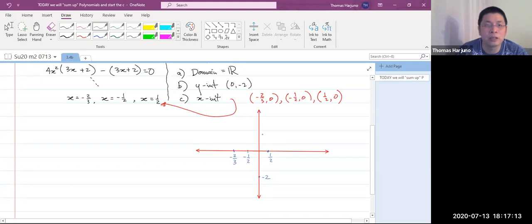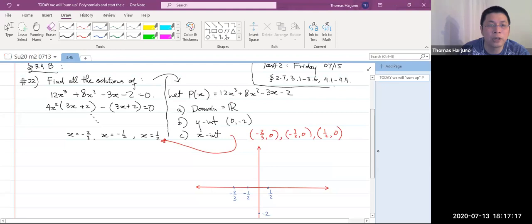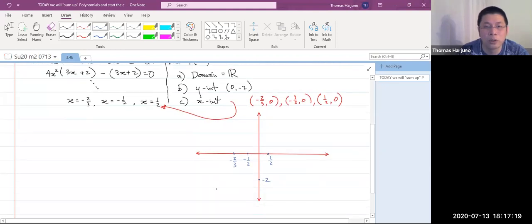And this is degree of what? Degree 3, with a positive leading coefficient, so it goes this way. And each zero, as you can see, is a simple zero.